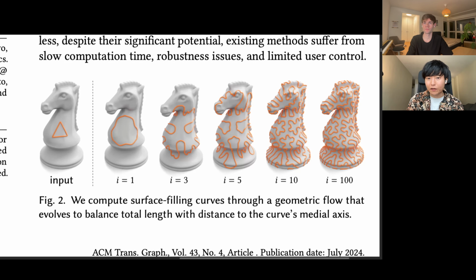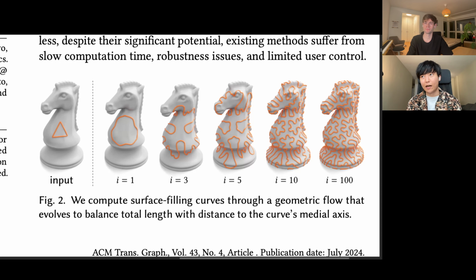But we also found out that energy is actually not really good for computing these kinds of surface filling curves. First of all, it's extremely slow because it was using dense matrices, which have lots of entries, so if you see an n times n matrix, almost all of the entries are filled out, and you rarely see elements that are zero.